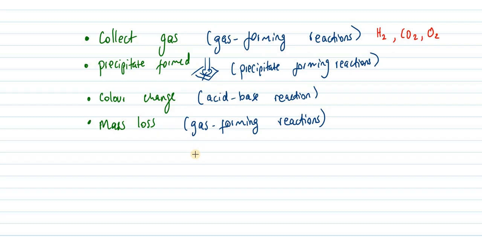You understand? So let me just give you this example. I know that if I have zinc, which is a metal, plus hydrochloric acid, what is going to happen is that zinc is a solid, let's say the hydrochloric acid is aqueous, and we're going to form a salt and hydrogen because it's a metal and an acid.